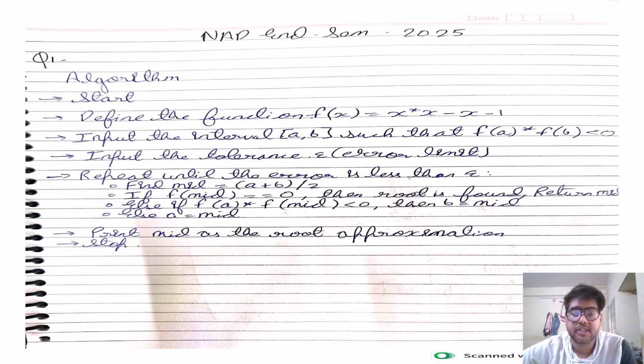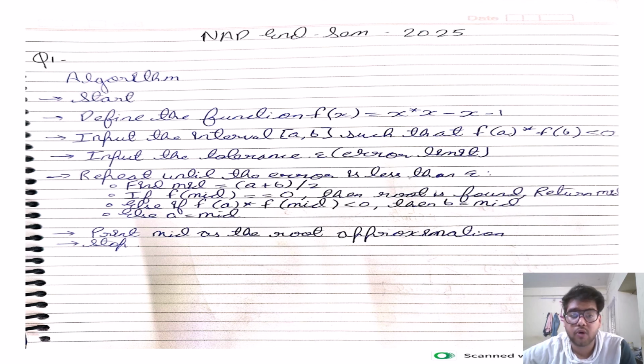Find mid, which is (a + b)/2. If f(mid) is equal to 0, then the root is found. Return mid. Else if f(a) × f(mid) is less than 0, then b is equal to mid. Else a is equal to mid. Print mid as the root approximation and then stop.